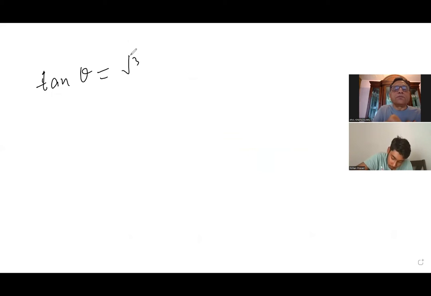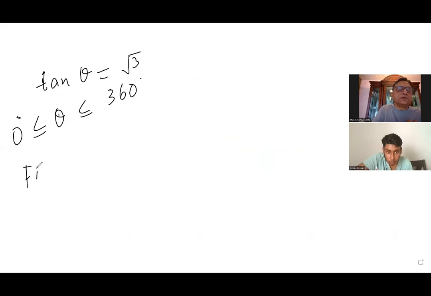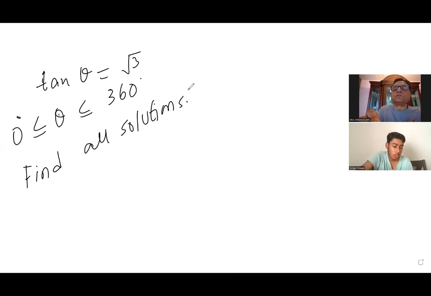Let's take another example. If tan theta is equal to square root 3, and theta is between 0 degrees and 360 degrees, find all solutions. What is the answer? Tan theta is equal to square root 3, would be 60 degrees.